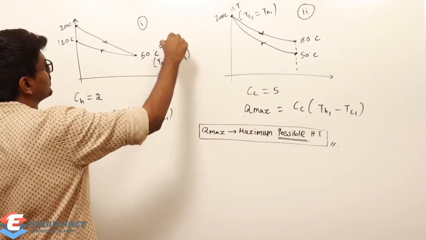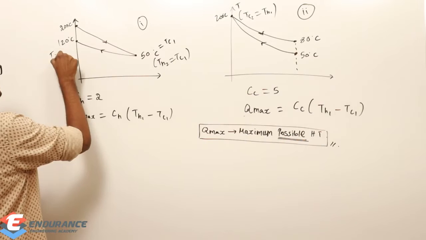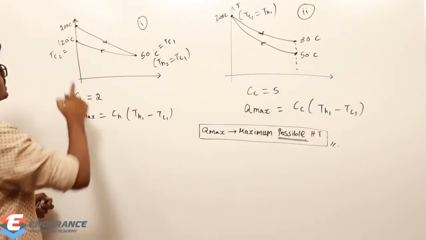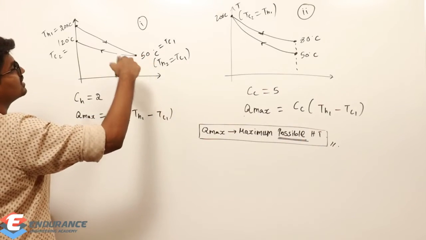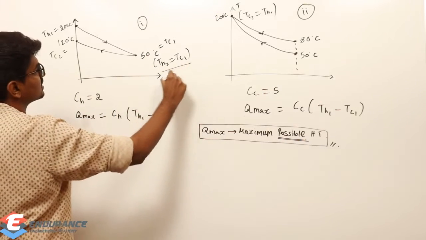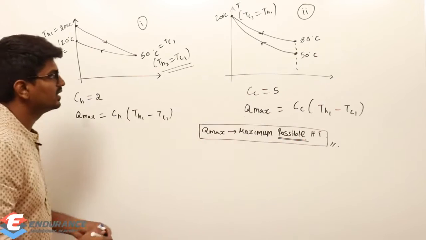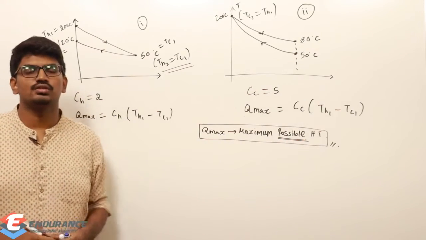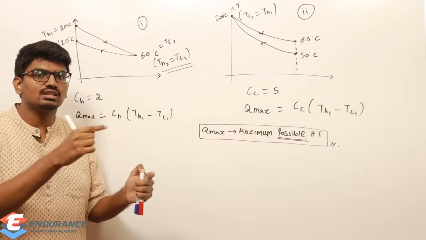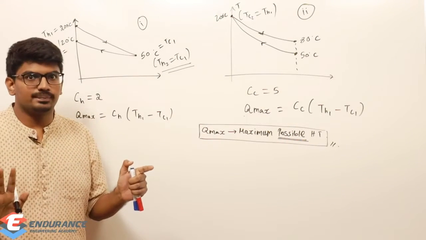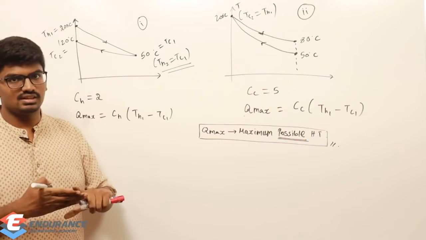Cold fluid is entering at 50 degrees Celsius and leaving at 120 degrees Celsius. Hot fluid is entering at 200 degrees Celsius and leaving at 50 degrees Celsius, which means the final temperature of the hot fluid is equal to the initial temperature of the cold fluid, which means there was maximum drop in temperature for the hot fluid. This is our first case, right?